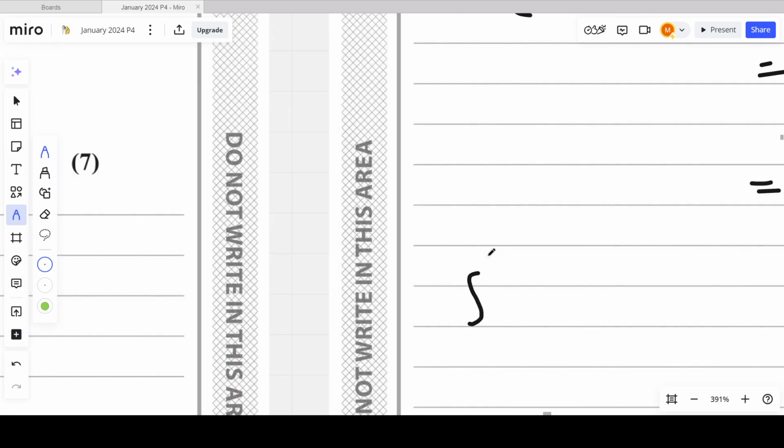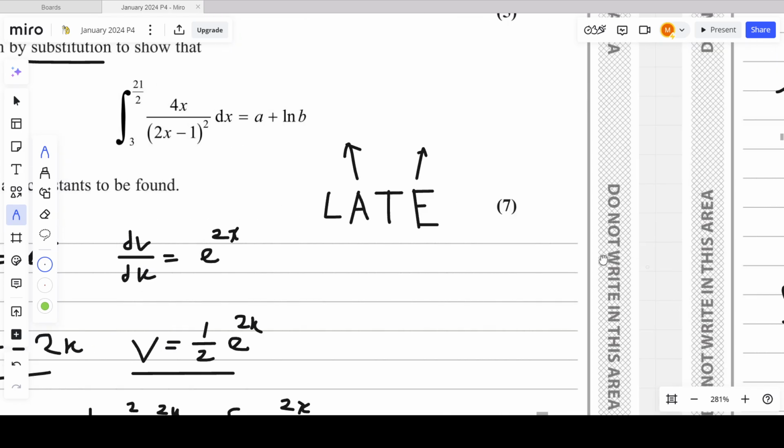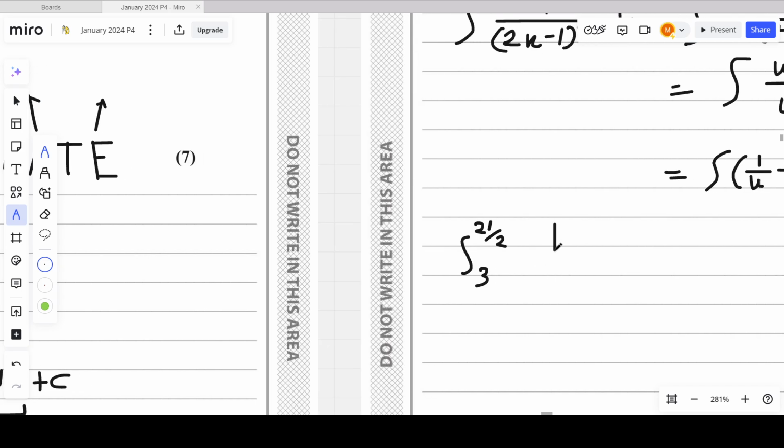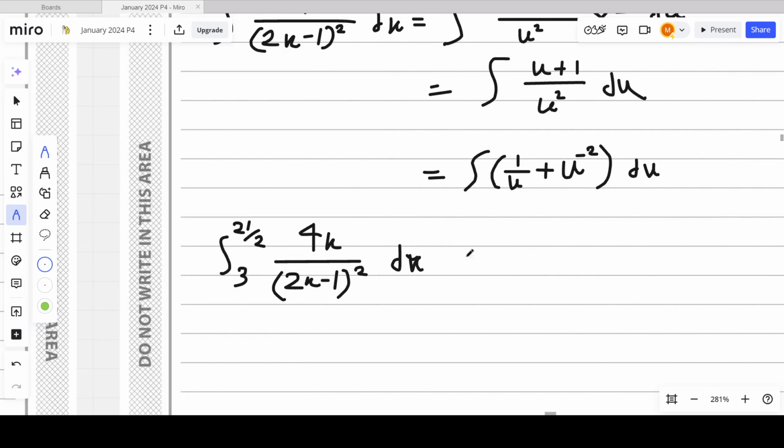And the lower limit was 3. Okay, we need the limits for u now.